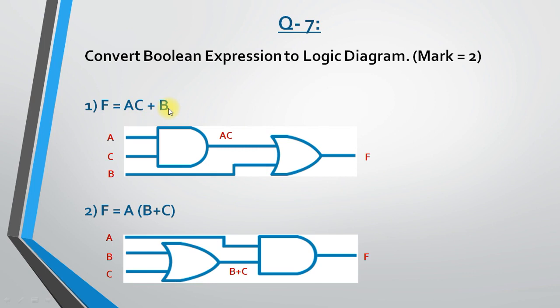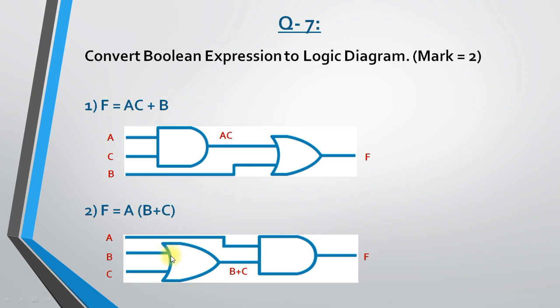So this is the first logical diagram based on the Boolean expression f equals AC plus B. Now the second Boolean expression is given as f equals A into (B plus C). That means B plus C is given in the bracket. So first of all you need to draw the circuit based on B plus C. Plus means OR gate.